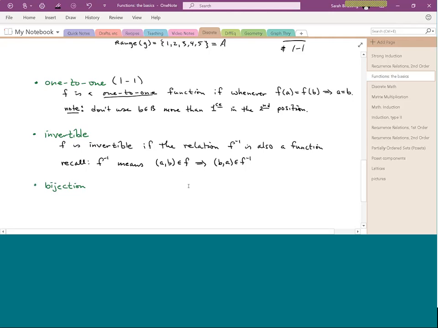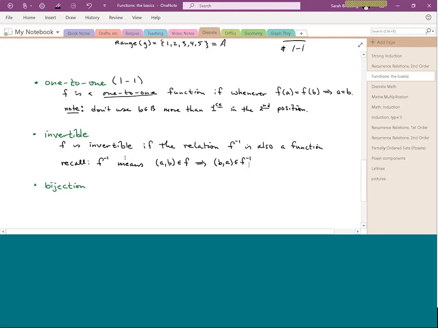The only thing that's different is after you flip all your ordered pairs, you then go back and check to see if you still have a function. It turns out the only way that you're actually going to still get a function is if you started with a one-to-one function. It's the only way the inverse will actually stay a function. So a criteria to be an invertible function is you have to be one-to-one.